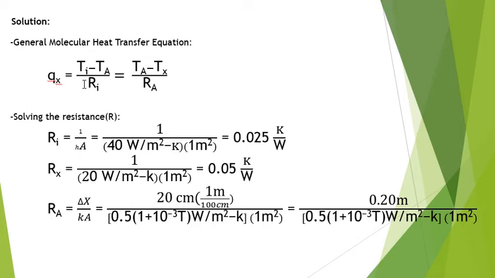This is also related to Fourier's law of heat conduction in fluids or solids, which is Q_x/A = -k dT/dx, where we all know that resistance is equal to delta x over k times the area.